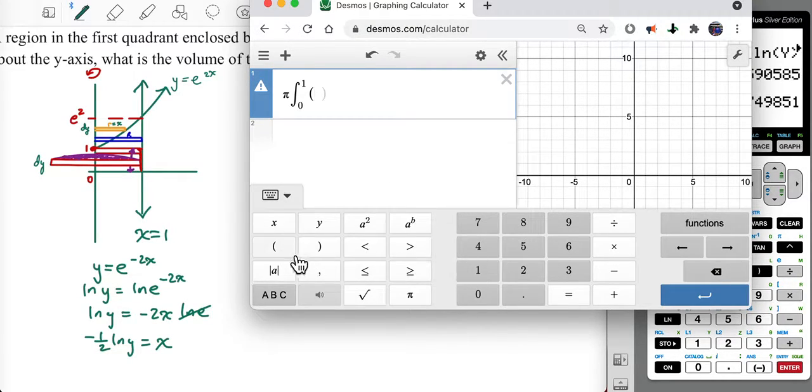Open the parens, 1 squared, close the parens, dy plus, right, that gave us a pi, so far so good. Function integral from 1, oh, I forgot the pi, so let me just tuck that in there, from 1 to e squared.